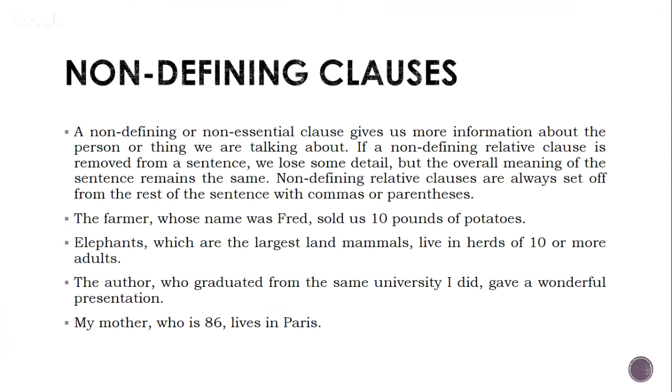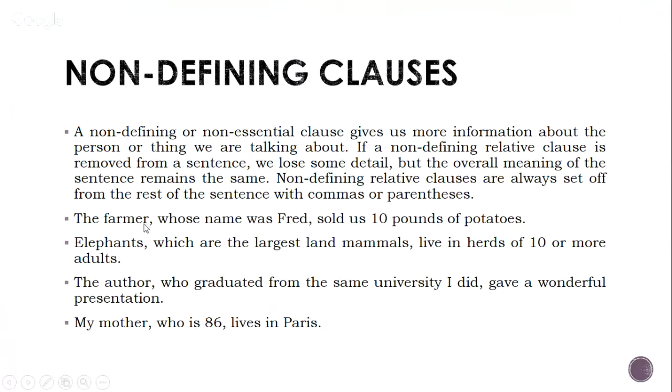If a non-defining relative clause is removed from a sentence, we lose some detail, but the overall meaning of the sentence remains the same. Non-defining relative clauses are always set off from the rest of the sentence with commas or parentheses.